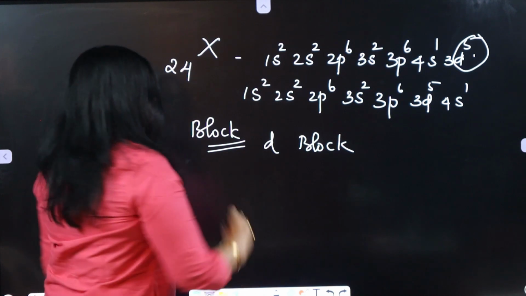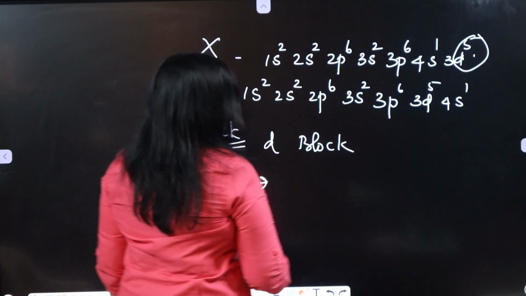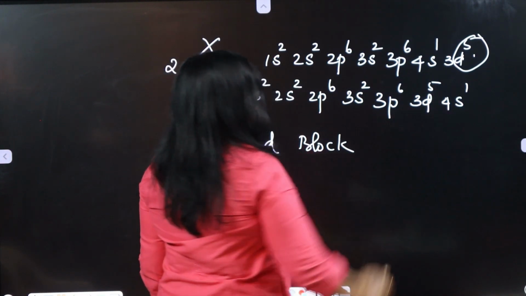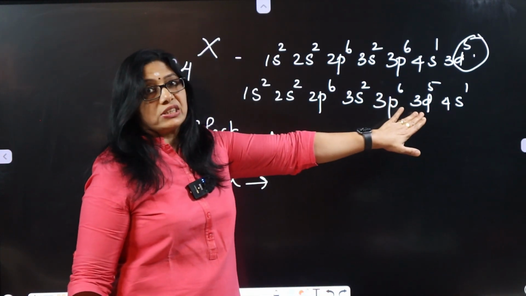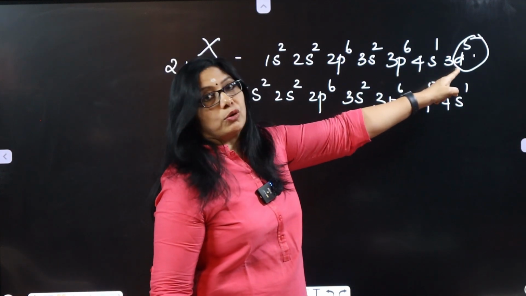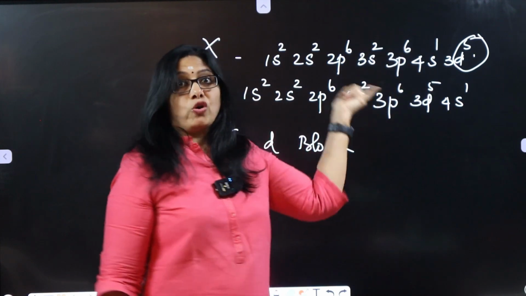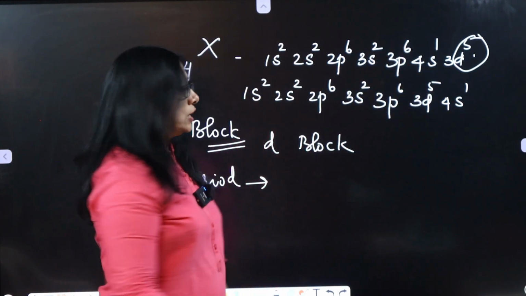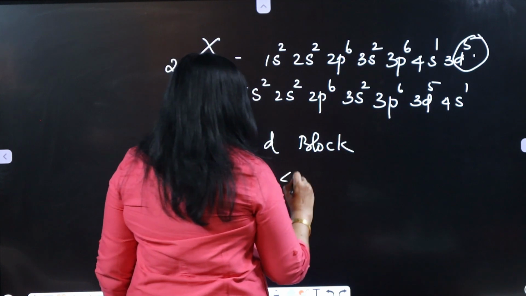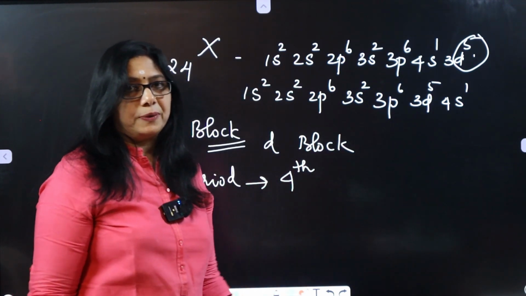Clear? Now, coming to the period number. You can see the outermost shell. If you don't rearrange this, you might go wrong because you might think 3 is the outermost shell as per what you have written. But the fourth shell is there. So 4 is outer to third, right? So the fourth shell is the outermost shell. Highest principal quantum number is 4. So it is in the fourth period.